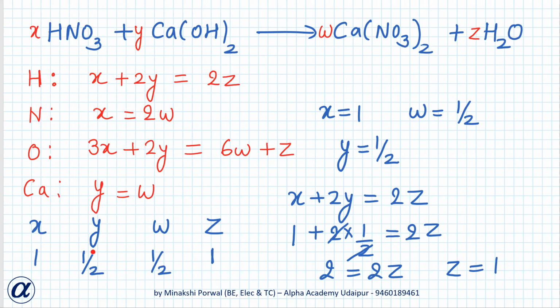The smallest number which I will multiply in all of them is 2, because we have denominator as 2. So multiplying by 2 with all of them, this will become 1, this will become 1 and this will become 2. So value of x is 2, value of y is 1, value of w is also 1 and value of z is 2. This is the answer.